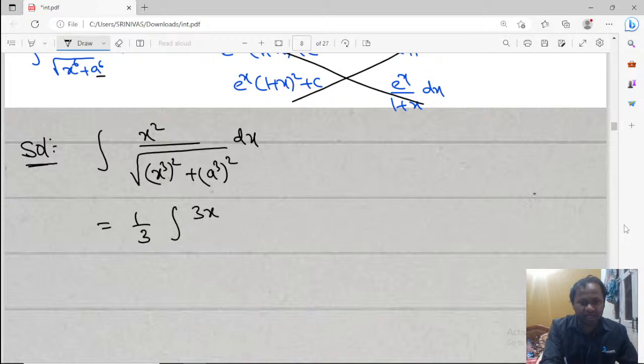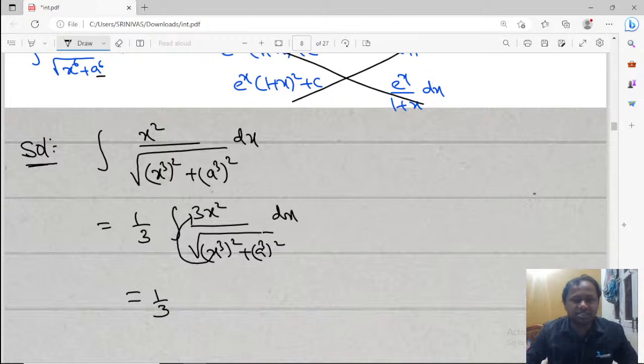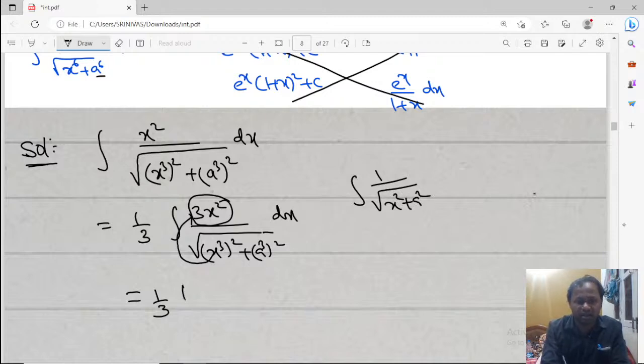What we get? 3x square divided by under root of (x cube) whole square plus (a cube) whole square, that is equal to 1 by 3 into, x cube differentiation is 3x square. That means ignore this 3x square. What we get is in the form of 1 by under root of x square plus a square. What is the formula? Log mod. Answer is log mod x plus under root of x square plus a square, plus c. Same answer.